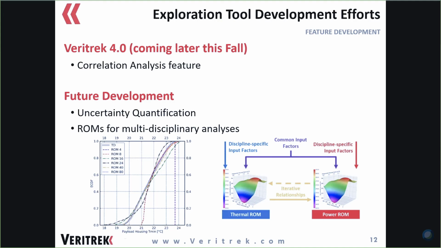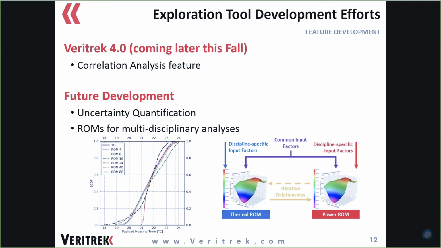Another area that we're doing some active development is reduced order models for multidisciplinary analyses. Everything in this talk really was geared towards thermal reduced order models, but the reduced order modeling approach that we're taking can certainly be applied to other disciplines. For example, maybe power systems, or maybe a structural system.